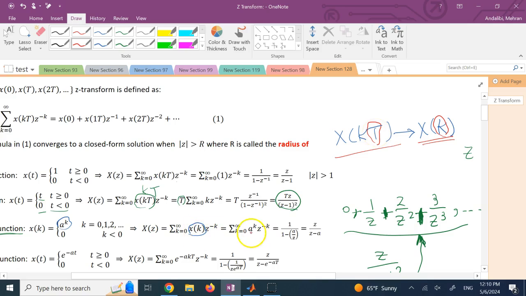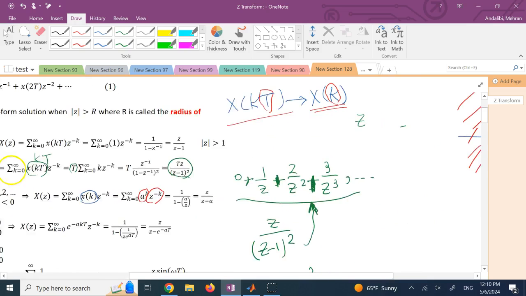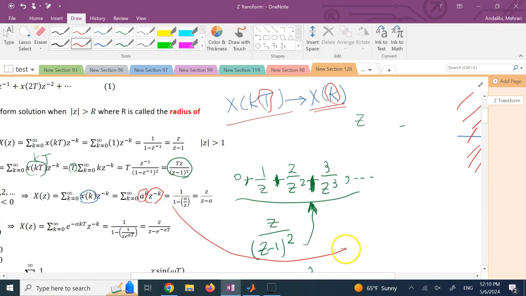So this x of k is a to the k, then times z to the negative k. And if you expand this, this is clearly what? So the first term is 1. The next term is a over z. The next term is a over z squared, and all the way.